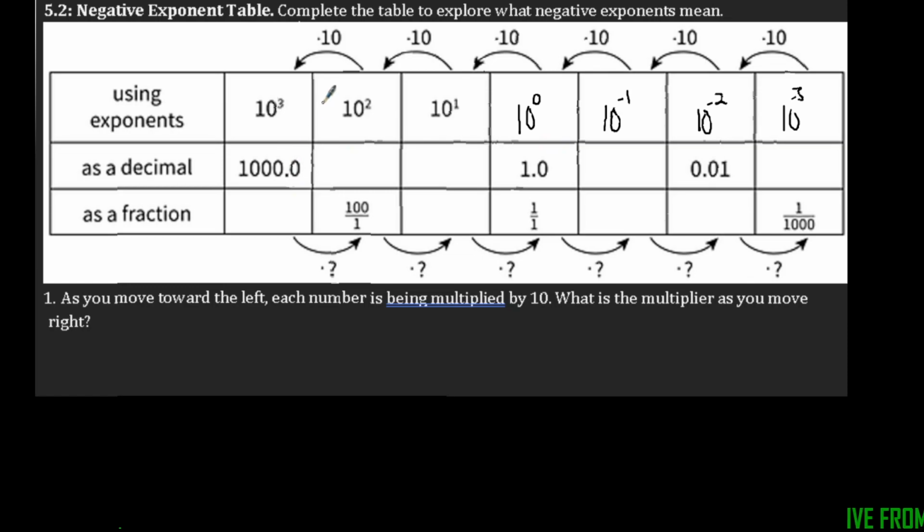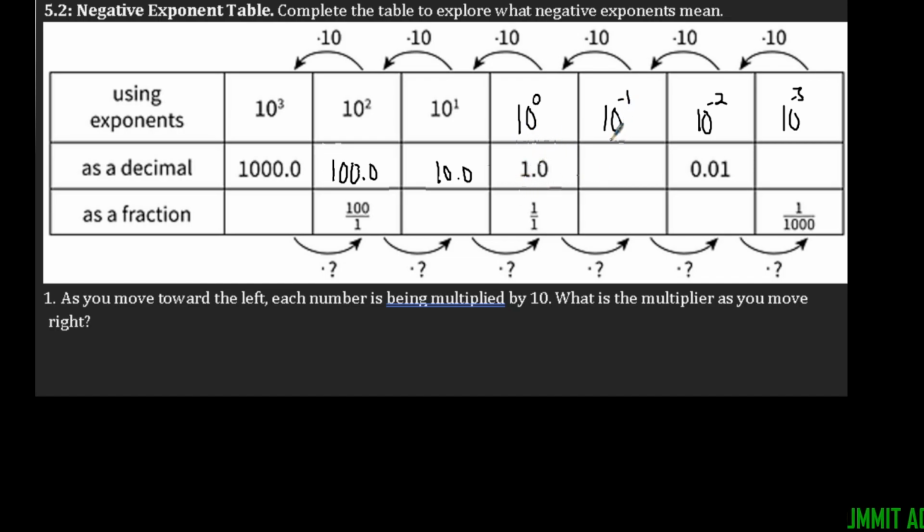If we were to write it as a decimal, notice how you can count the number of zeros. You have 1, 2, 3 zeros. So that same idea, this is going to be 100. This is going to just be 10. A non-zero number to the power 0 is equal to 1, so we just have 1.